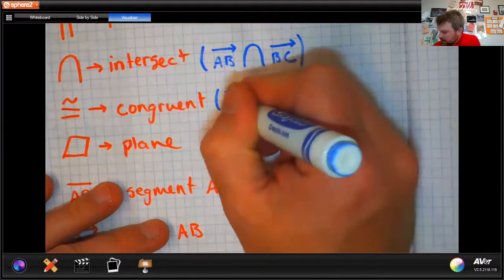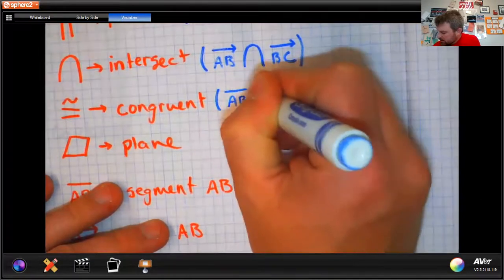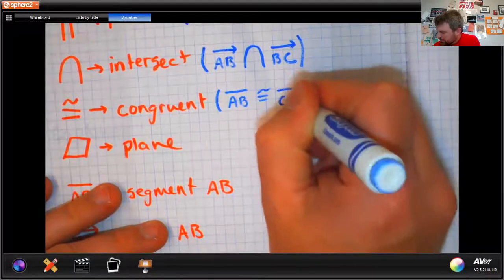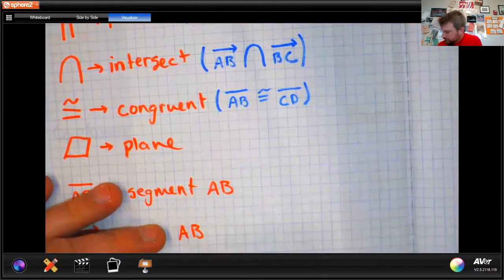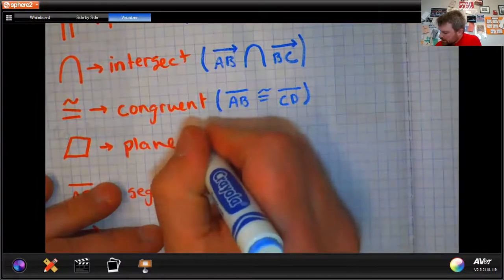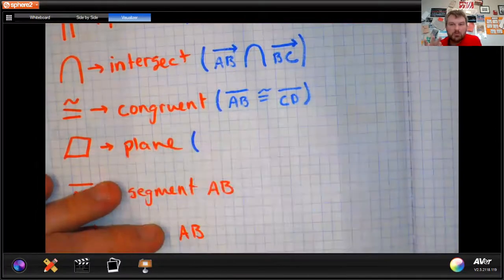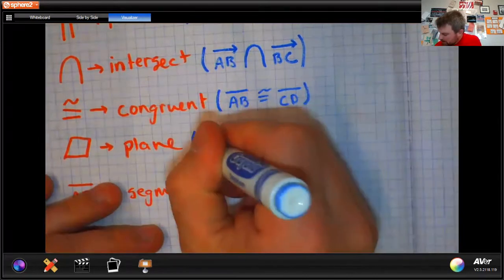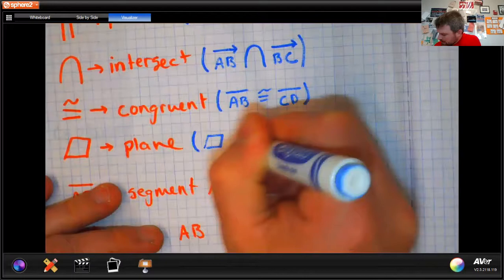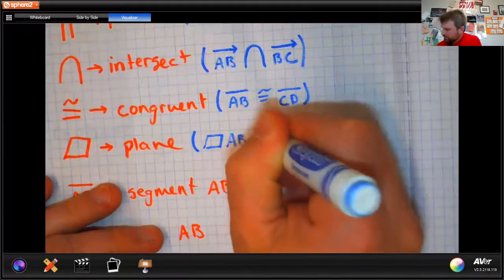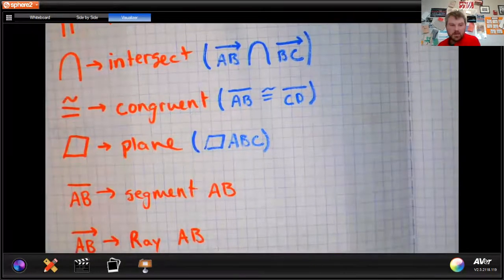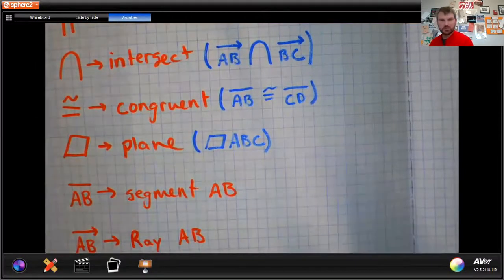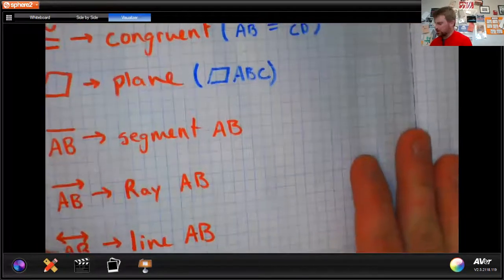So we'll say segment AB is congruent to segment CD. And the last one, a plane. Remember, we must have at least 3 points to name a plane. So we'll look at plane ABC. The other ones already have examples with them. So that is some notation to know on page 8.